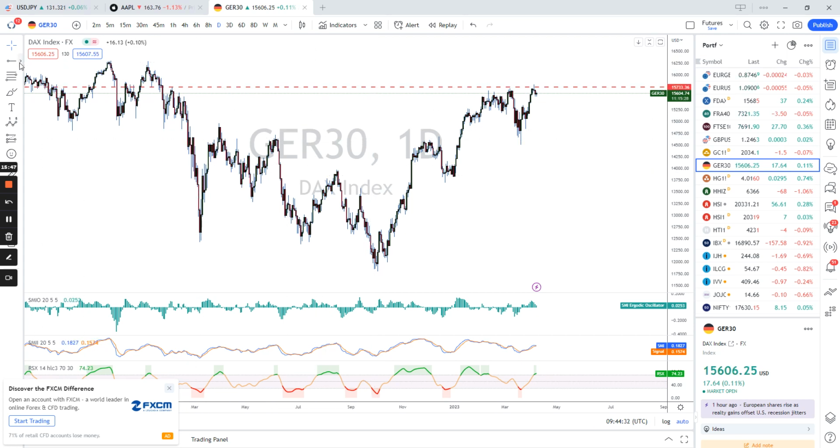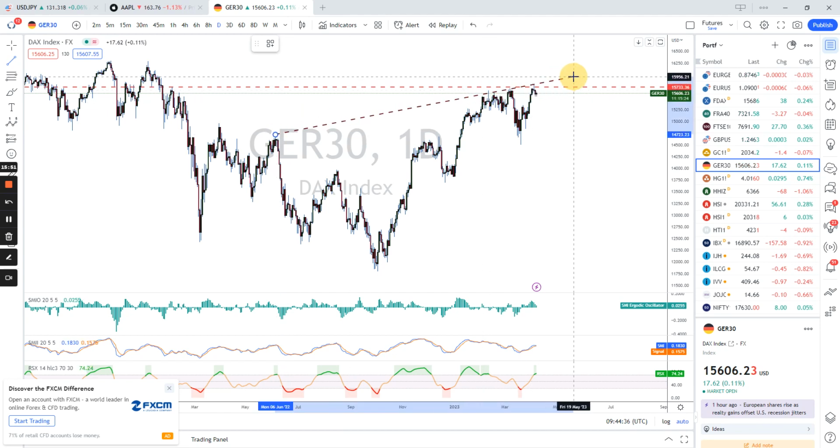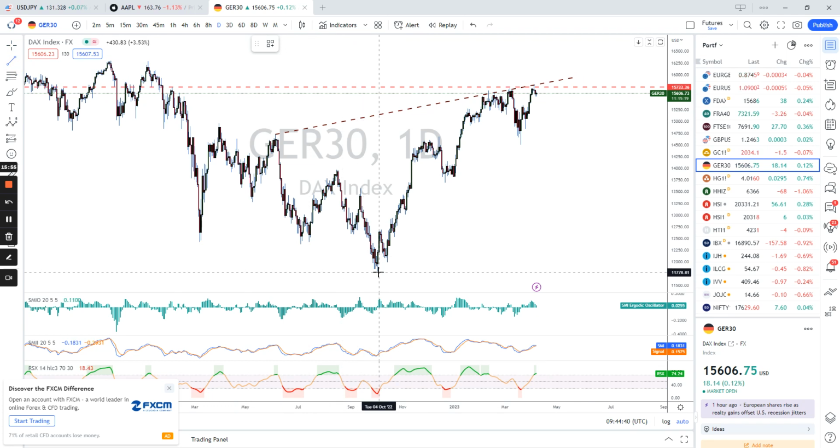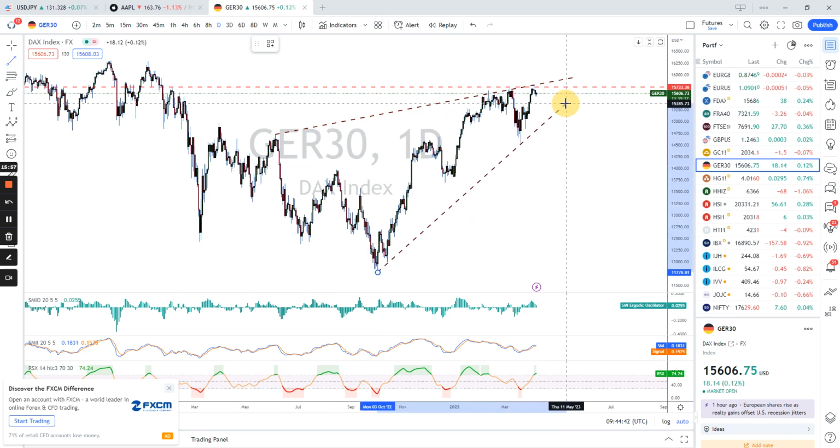And it also has a gigantic wedge, which is also a rising wedge, a complicated formation.